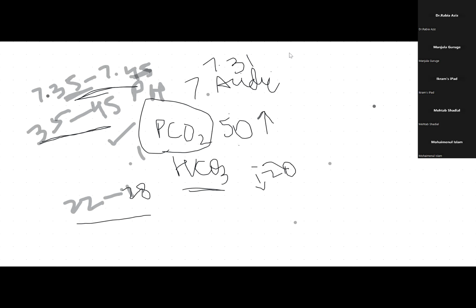Now see, this raised carbon dioxide means acidosis, and this decreased bicarbonate also means acidosis.